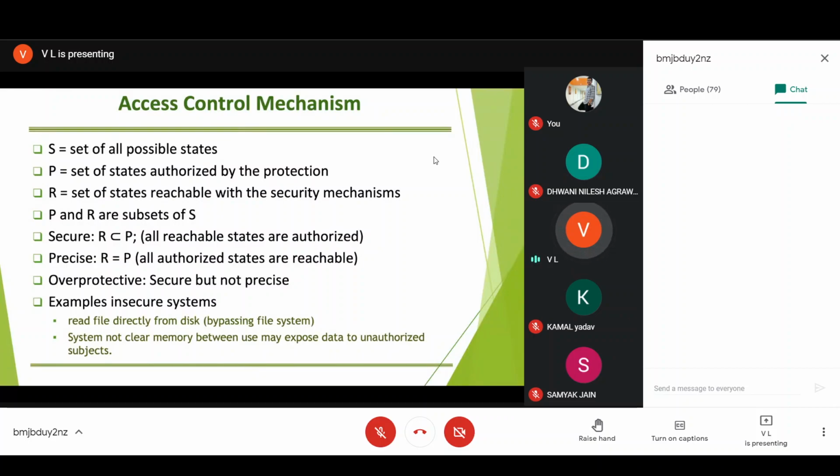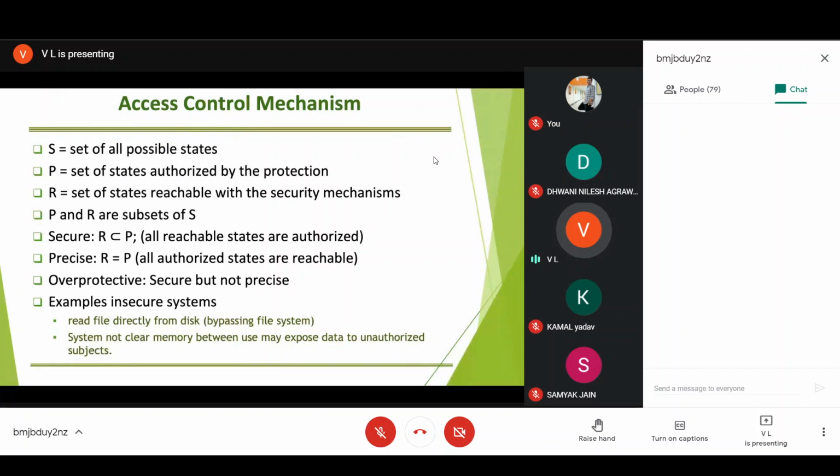So S is the set of all possible states of the system, and P is the set of states that a particular user is allowed to be in. It cannot be any state other than those in P. But somehow, the way we have implemented the security mechanism, the user can only be in R states. So P is a subset of S, and R is also a subset of S.